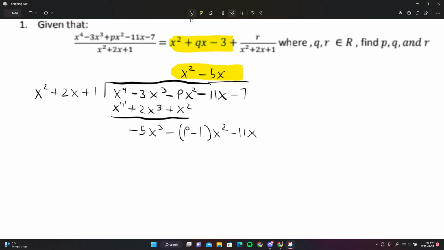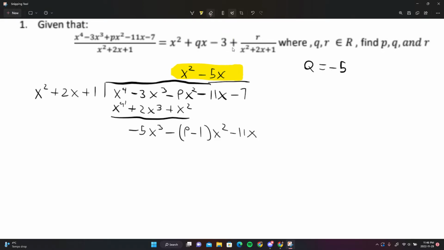So yeah, the quotient here and what we write at the top of the fraction is actually just going to be the same, right? So qx is actually just negative 5x, since they're the same, right? The thing next to the x is negative 5, which would be our q value. So we actually figured out that q is equal to negative 5.